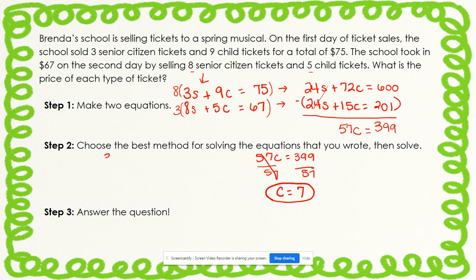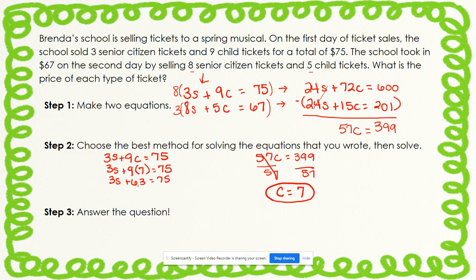So if I plug it into the first equation we wrote, which is 3s plus 9c equals 75, I'm going to do 3s plus 9 times c, but c is 7, equals 75. So 3s plus 9 times 7 gives me 63, and all of this equals 75.